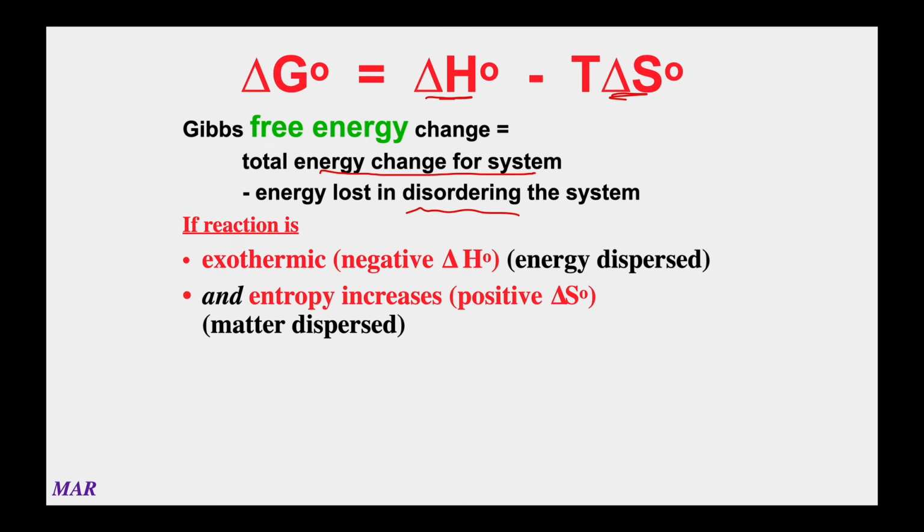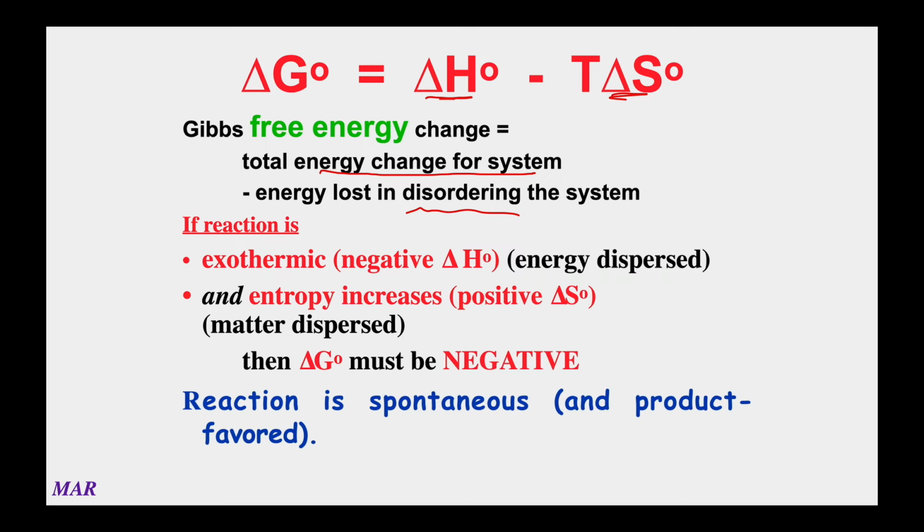If you have an exothermic reaction with a negative delta H, and you have an increase in the entropy, which is a positive delta S, look what happens. You have a negative delta H minus a positive T delta S. Delta H is negative, minus T delta S is negative.